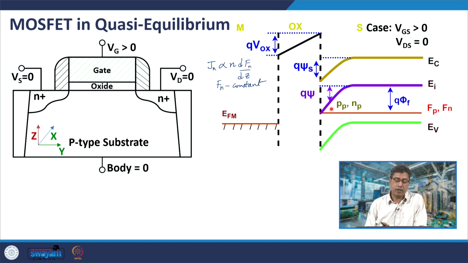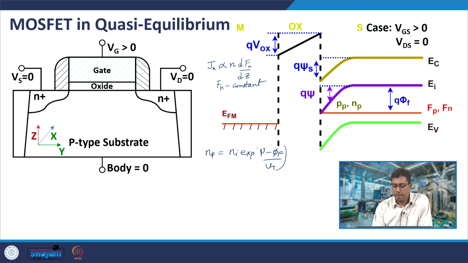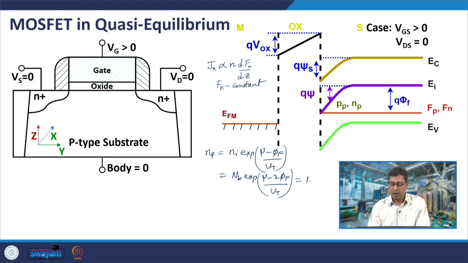Now, let us calculate a few things here. What is the value of the electron concentration at the interface? If you keep on increasing the gate voltage, this would turn out to be NB, as we had discussed earlier.